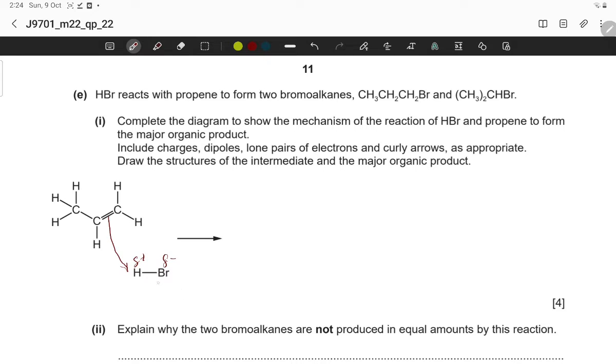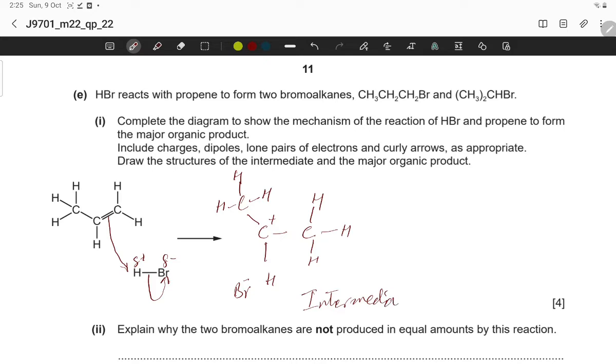This is the arrow, to form a carbocation carrying a positive charge, CH3, sorry, H. This is H, and Br negative. This is the intermediate product.